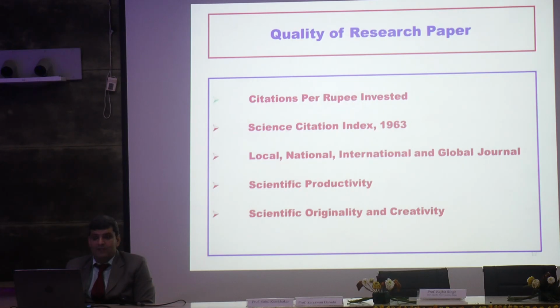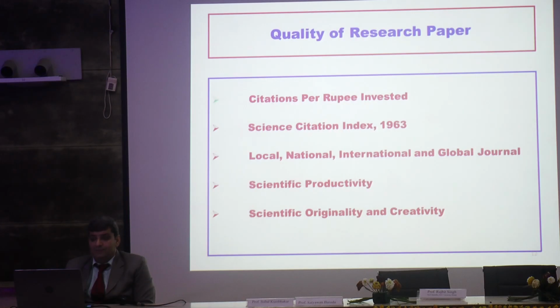Harvard Business Review is published in the USA, but we are talking in India, and this word is understandable to you as well. It might be available in our university as well. So for such journals we may use the word global journal, which are known globally.